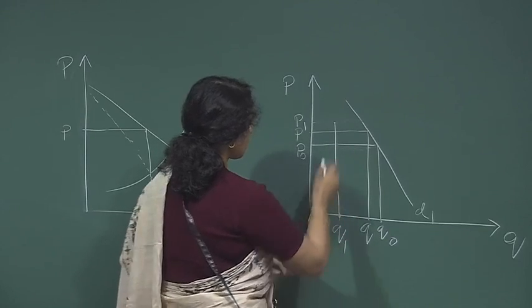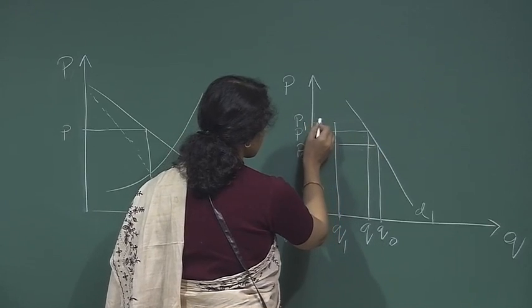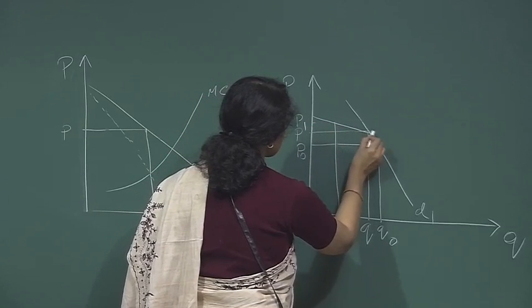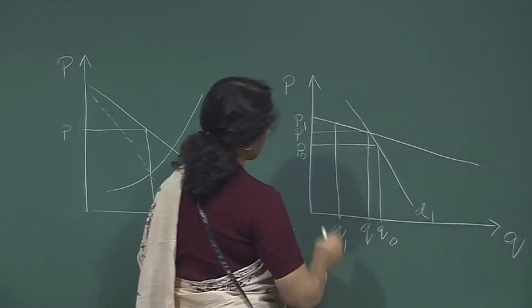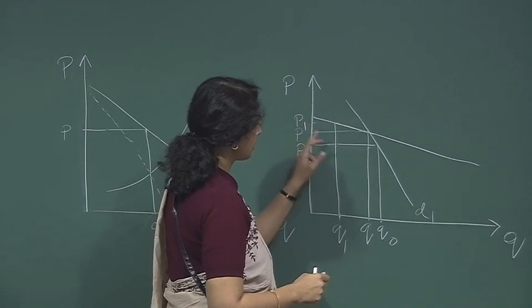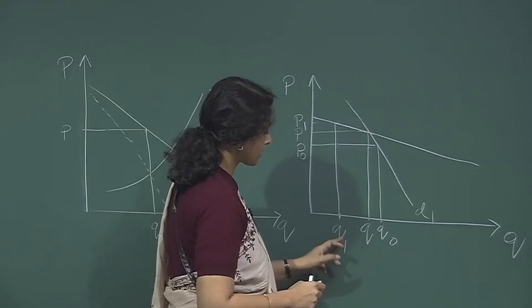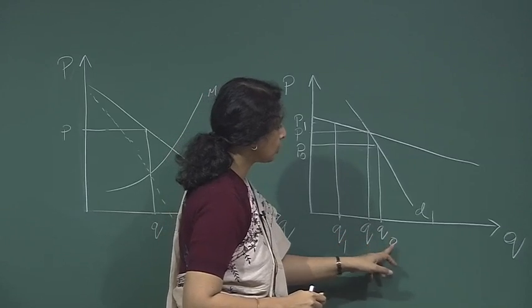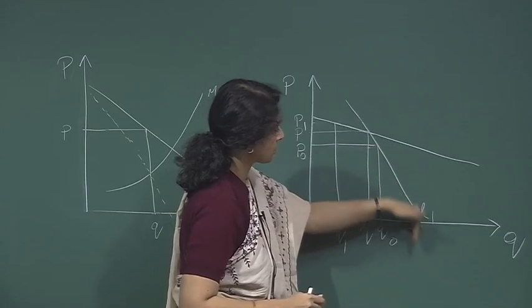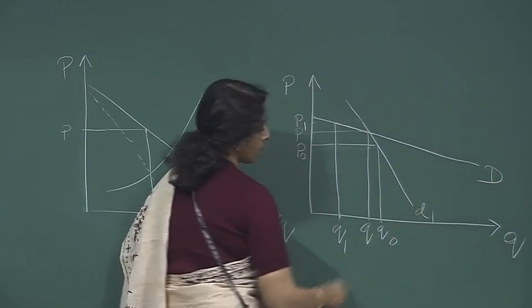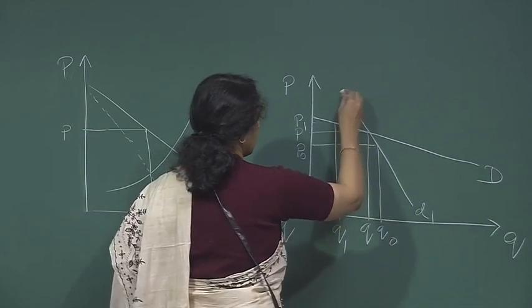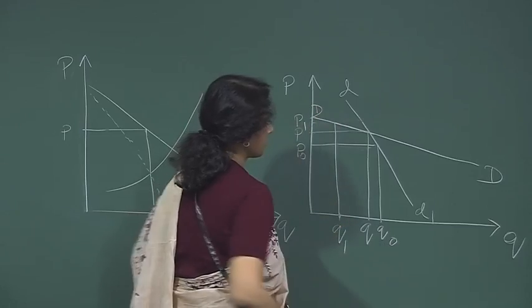As a result, in this portion the demand curve is flat. So above P the demand curve is very flat, and below P the demand curve is steep. So this is one demand curve and small d is another demand curve.